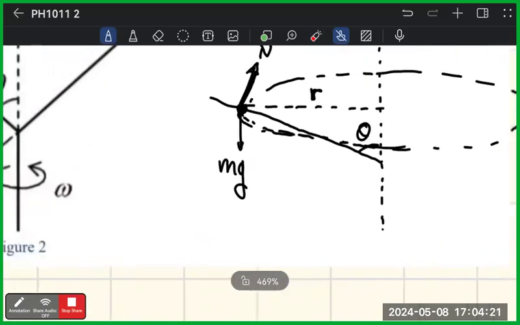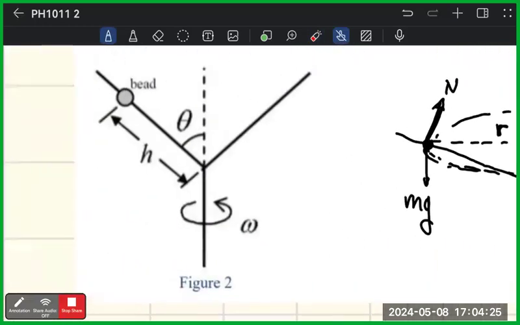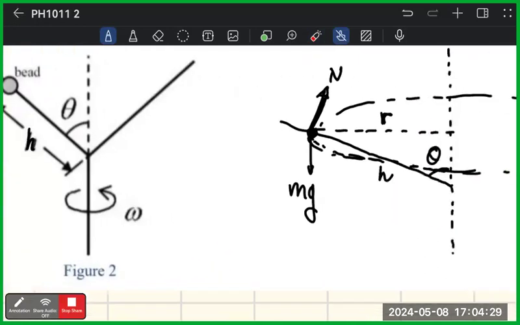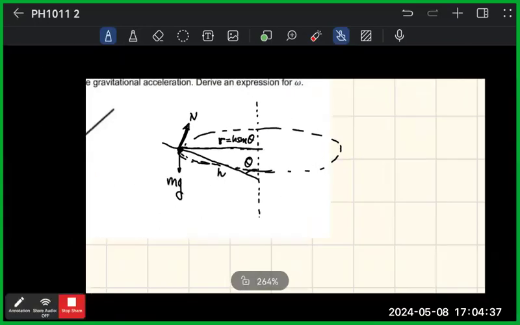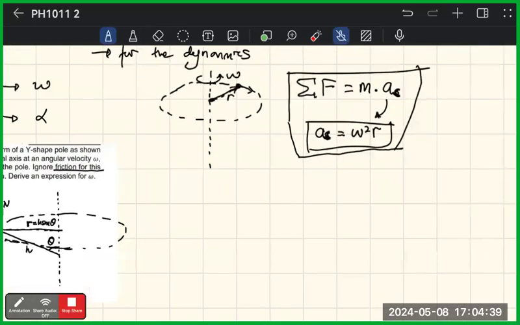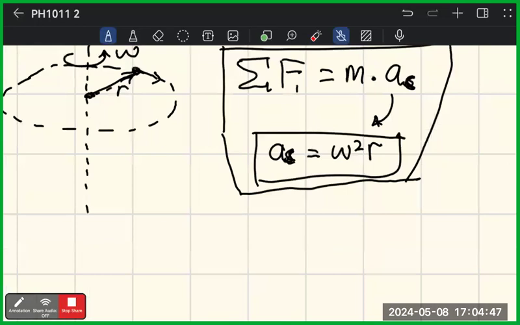So now it's easy to see that because this is h, this is h, so r is obviously h sine theta. Okay. As I told you guys, this sum of forces here is radial forces.